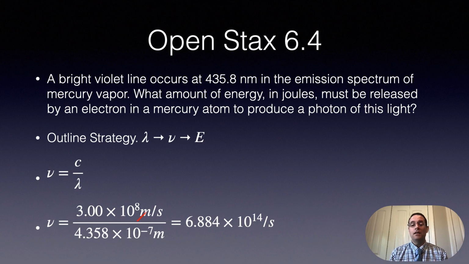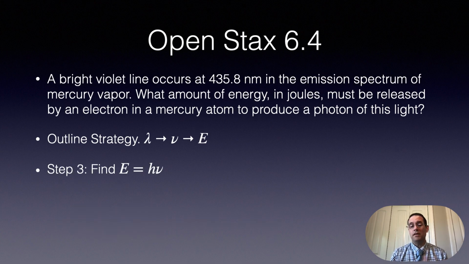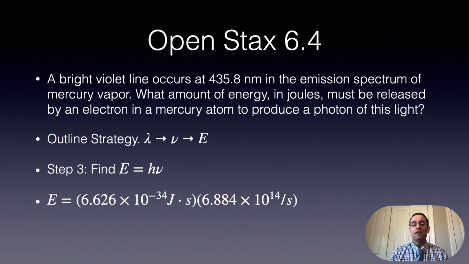All right, now we want to proceed onwards. Now that we have the frequency, if you look at our strategy, we want to convert that to energy. So we just want to plug it into this equation here. Remember that Planck's constant is 6.626 times 10 to the minus 34 joules times seconds, all right?